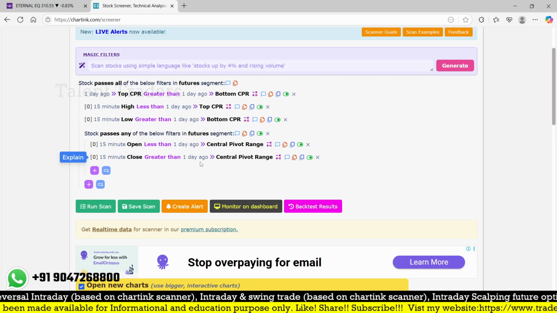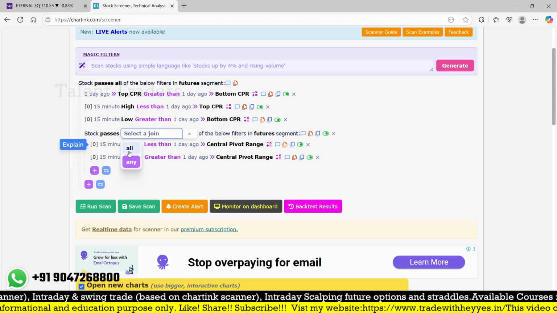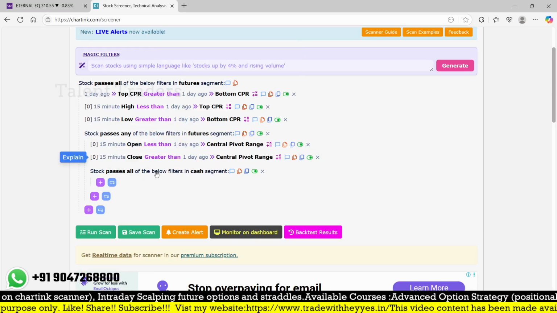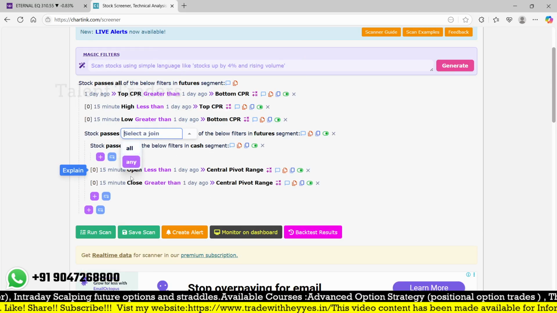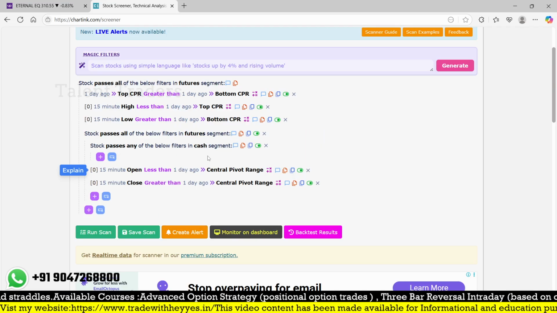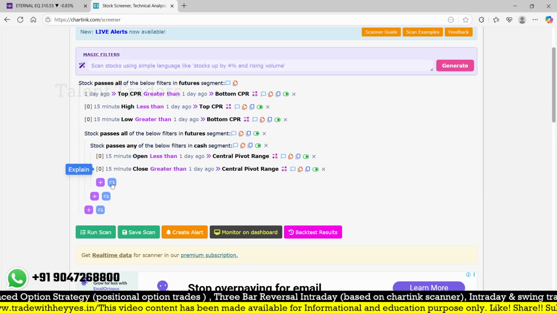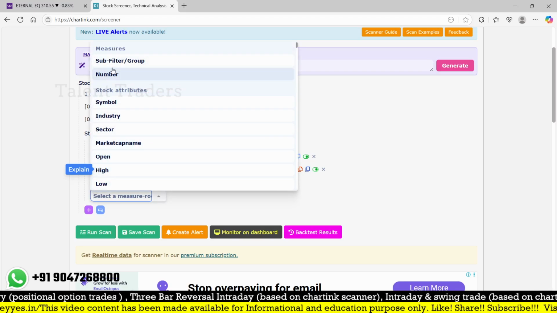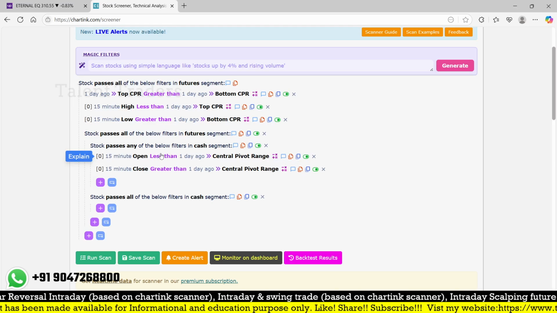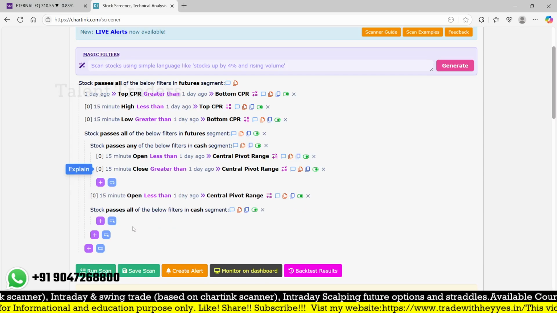This will fetch you only a green open and green candle. So we should use one more subgroup. Then we find it out. So here all and here any. Okay, this one and again one more subgroup. So yeah, we can copy that and paste it.